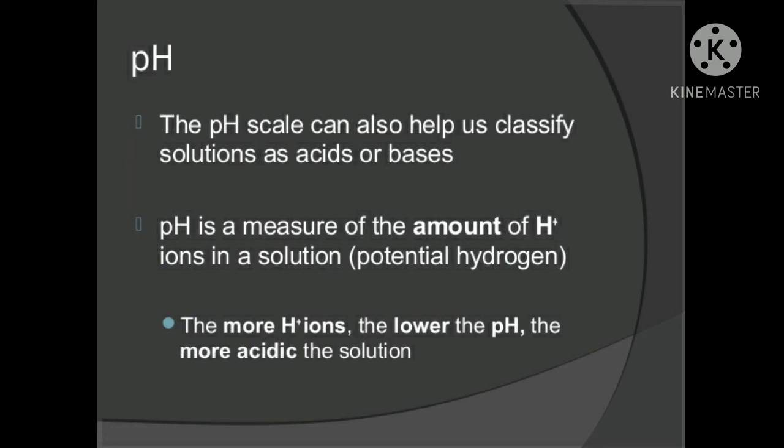When a solution has pH less than 7, it is acidic, where the hydrogen ion concentration in water is more than the hydroxide ions. If pH is more than 7, then the solution is basic. That means hydroxide ions are more than hydrogen ions in water.